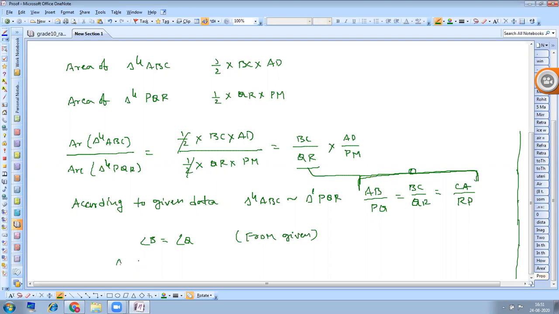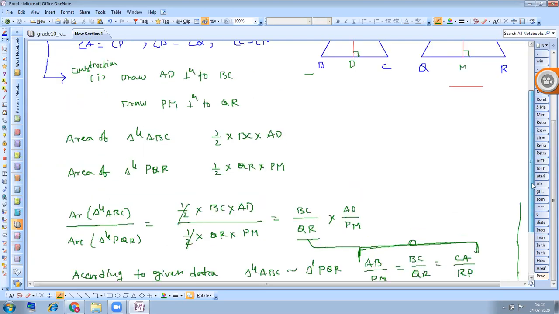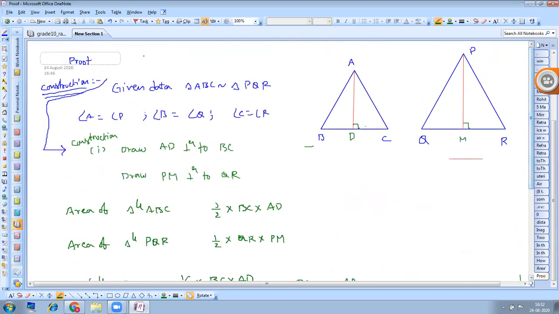So I'm taking triangle ABD and triangle PQM. See, these angles are the same. Angle ABD will be equal to angle PQM, that is given because corresponding angles are equal, and angle ADB will be equal to angle PMQ.